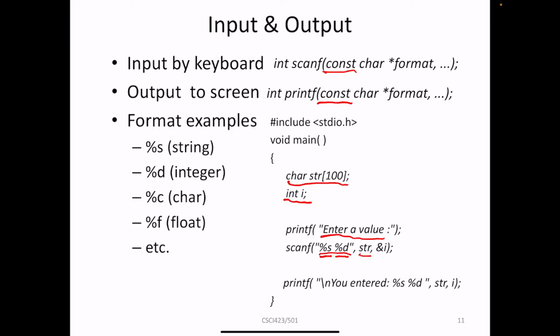However, the variable i is an integer variable, which is not a pointer. So we need to get the memory location of this integer. So we can add a single ampersand sign in front of it to get the address of this integer variable, just as we already discussed in the previous slides.